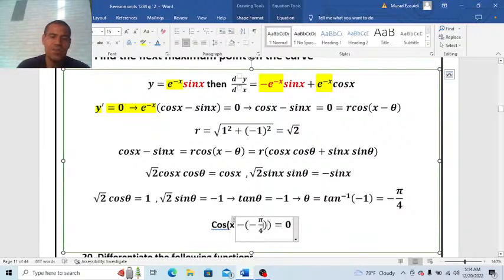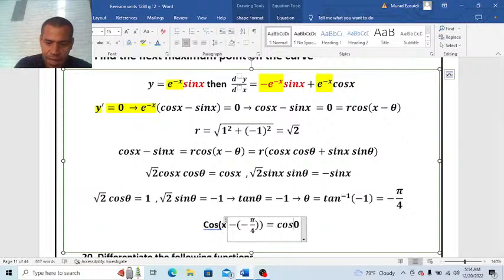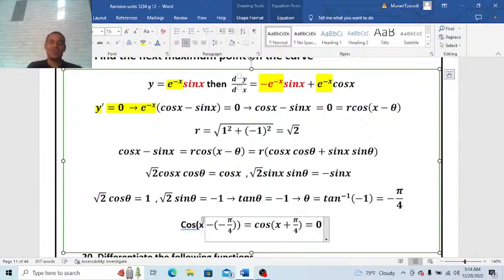Minus minus is positive, so this gives cosine between parentheses x plus pi over 4 equal what? Equal 0. Cosine is equal to 0 when x equals pi over 2 or 3 pi over 2.